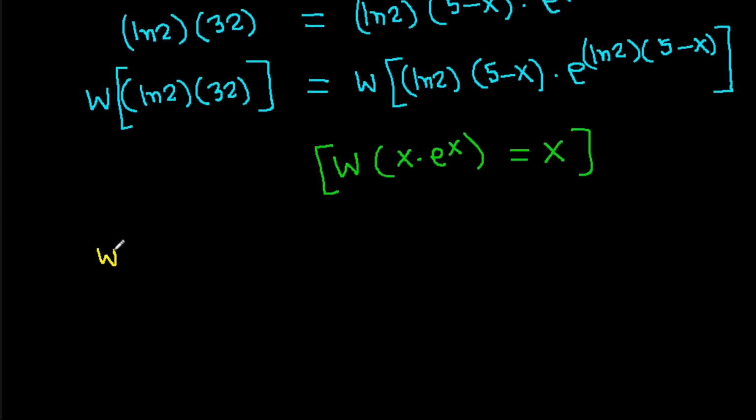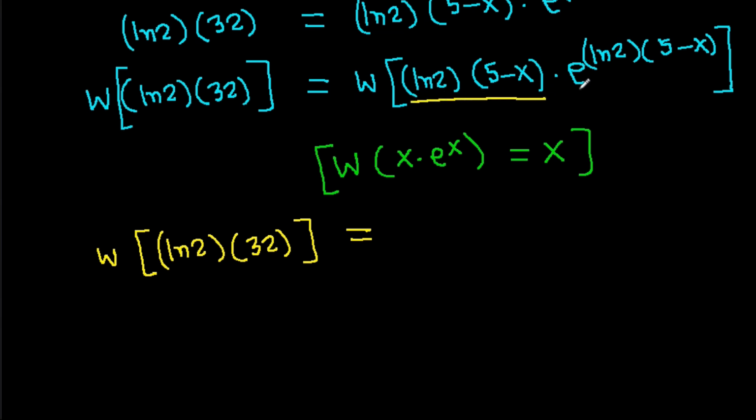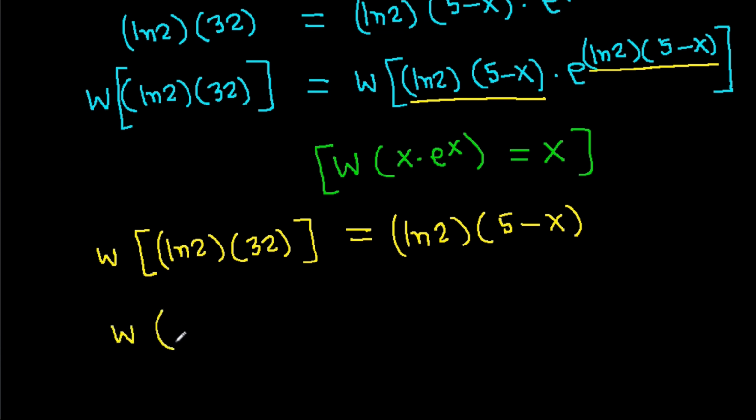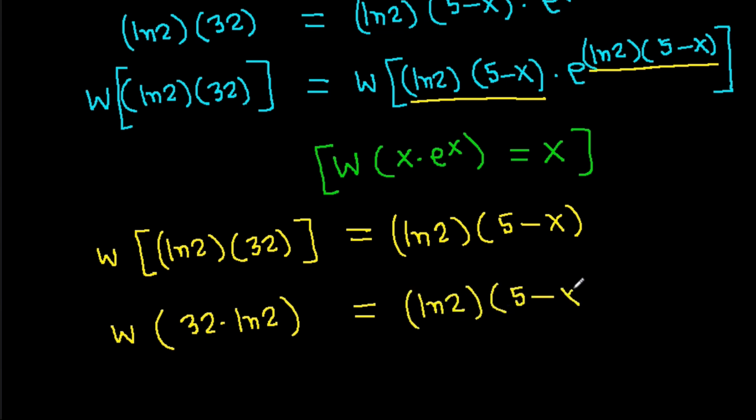So W of ln 2 times 32 is equal to, and W of ln 2 times (5 minus x) times e^(ln 2 times (5 minus x)) will be ln 2 times (5 minus x), and it is W of 32 times ln 2 is equal to ln 2 times (5 minus x).